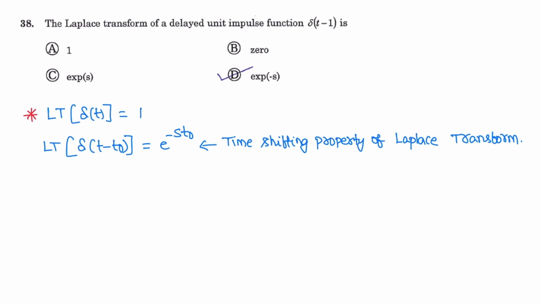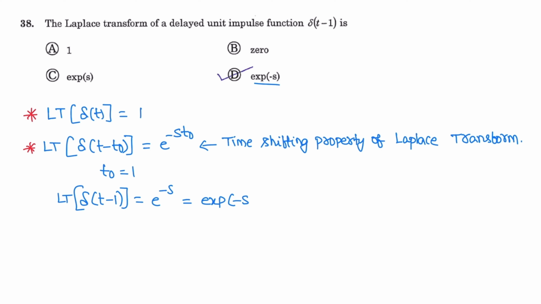Here the value of t0 is 1. So therefore Laplace transform of δ(t − 1) is e^(−s). So that is exponential of minus s. Next question.